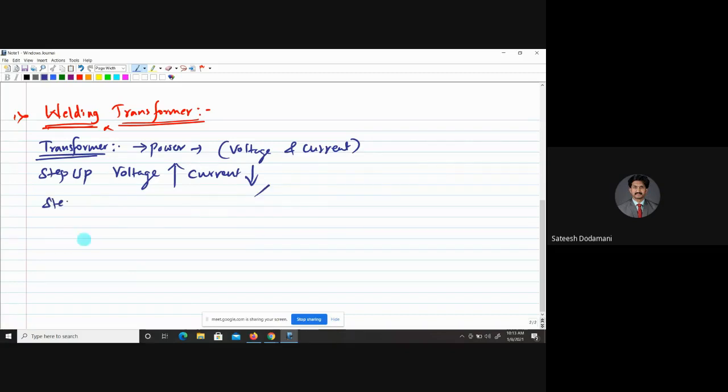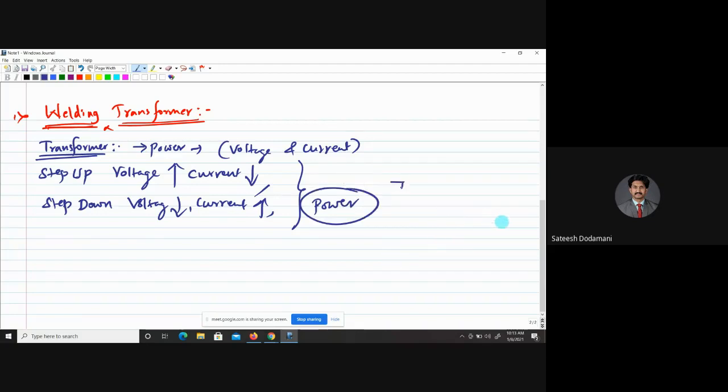Otherwise, if it steps down the voltage, the current should step up.